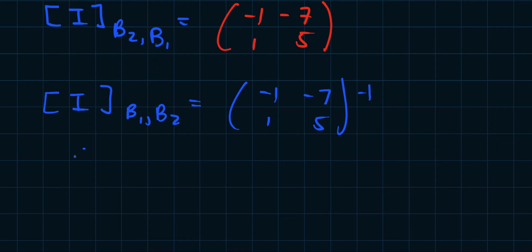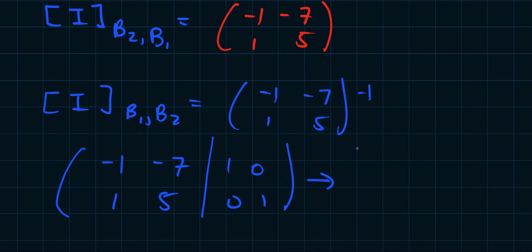And how do we find this inverse? Well, we just put -1, -7, 1, 5, the 2 by 2 identity matrix, and then we try to get the identity matrix on this side. So let's do that. I'm going to add row 1 to row 2. So I get 0, -2, 1, 0, 1, 1.